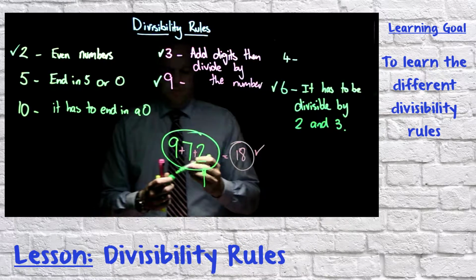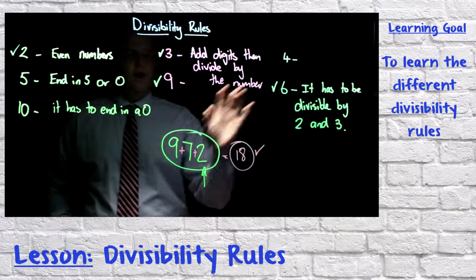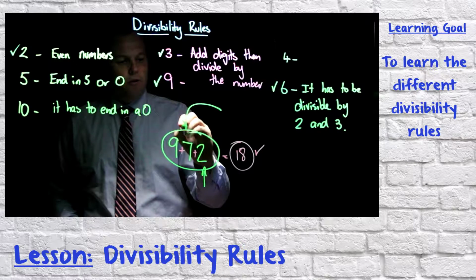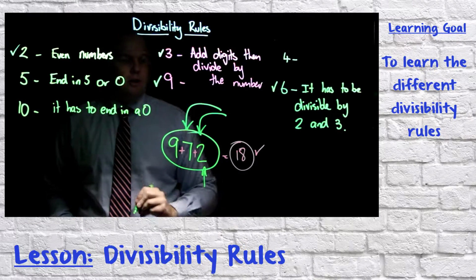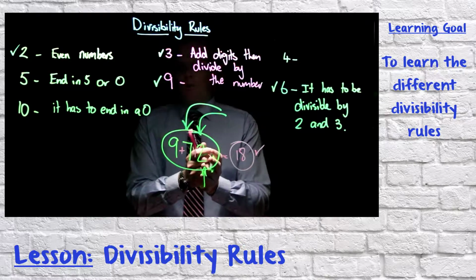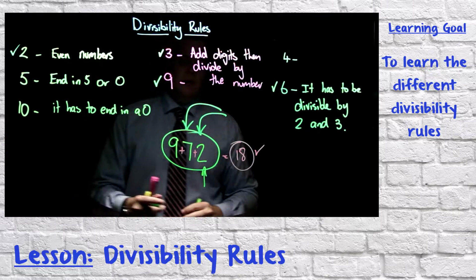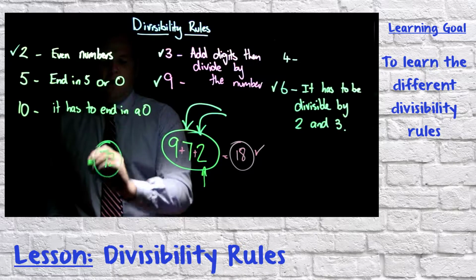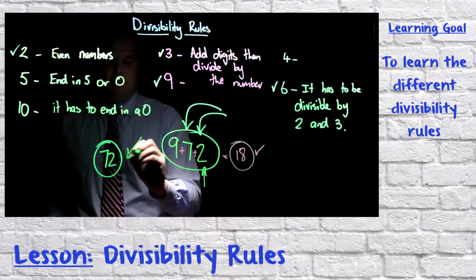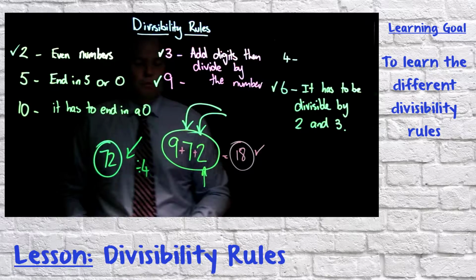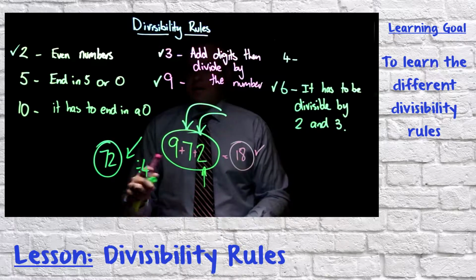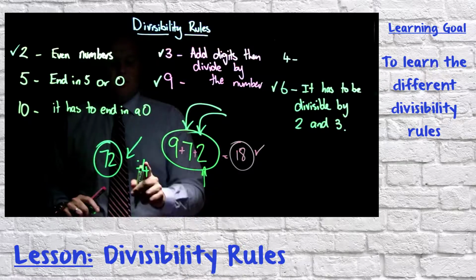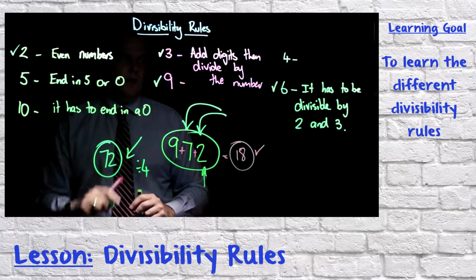Now, 4 is an interesting one. I find 4 the most tedious to do. Basically the divisibility rule for 4 is that we look at the last 2 digits of a number. So it's handy for really, really long numbers. In this case, it's 72, and we say, is this number divisible by 4? Now, 72 I can divide by 4. 4 goes into 72 18 times.